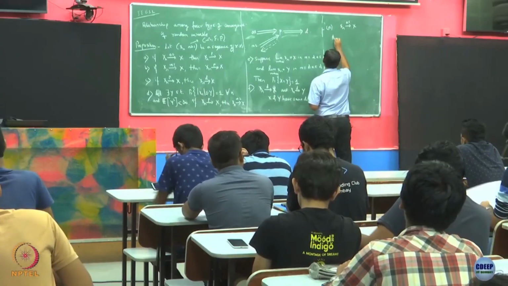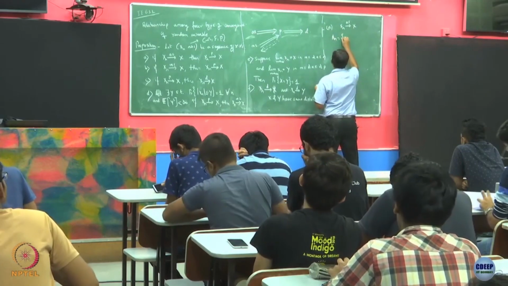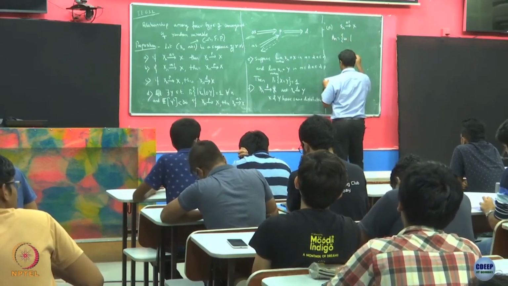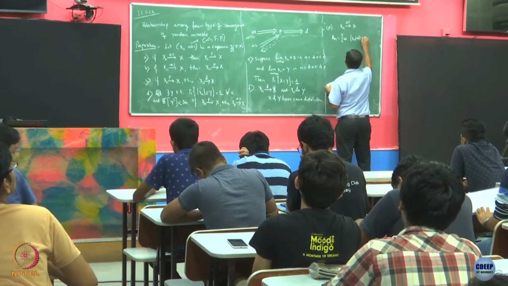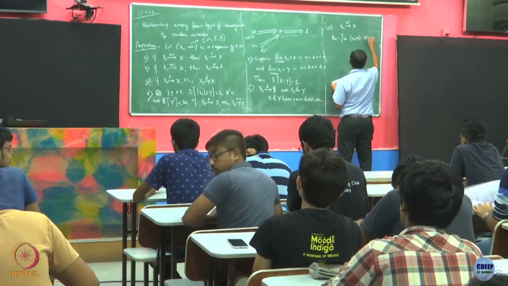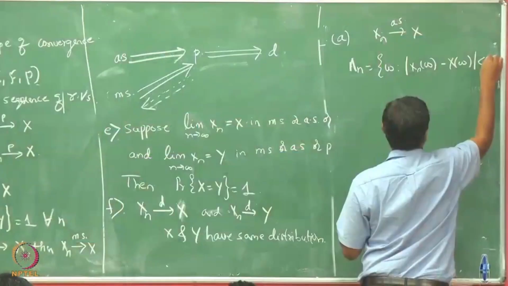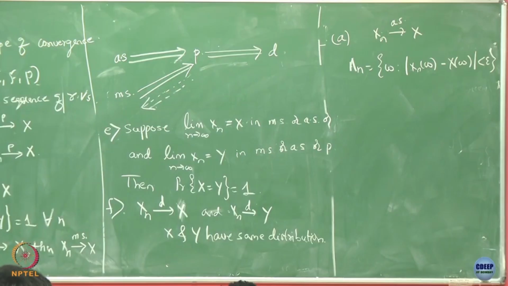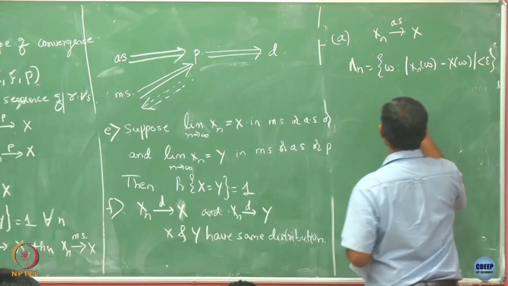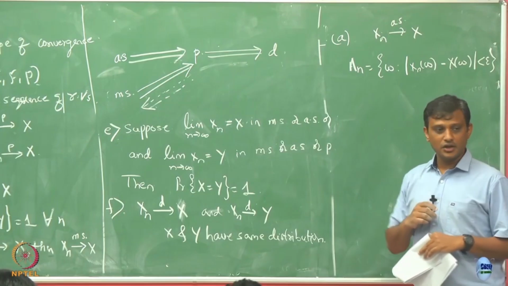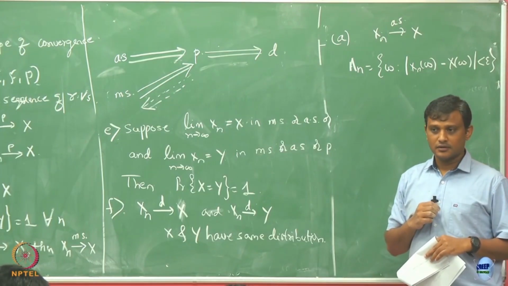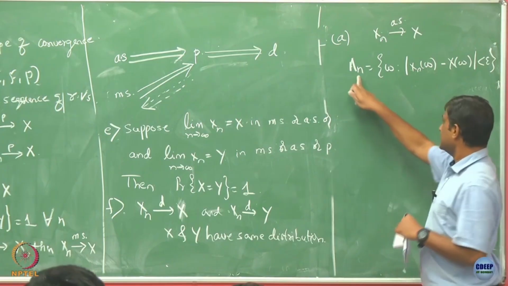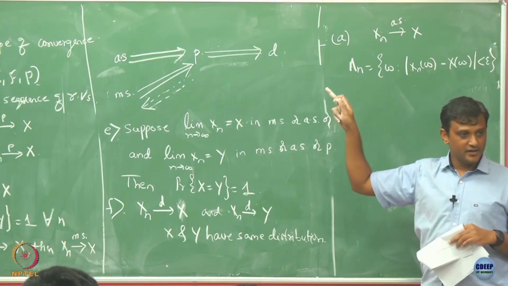So let us define a set An equals to the following. Now if I want to show my Xn's convergence in probability, what do I need to show? I need to show that the probability of this An as n goes to infinity is 1.